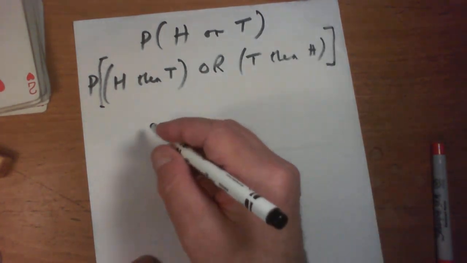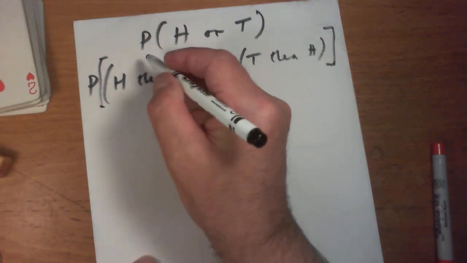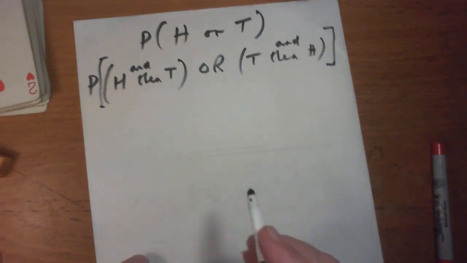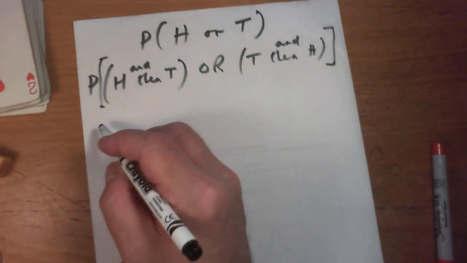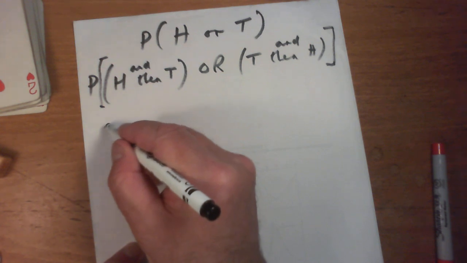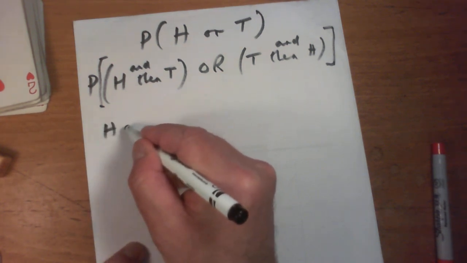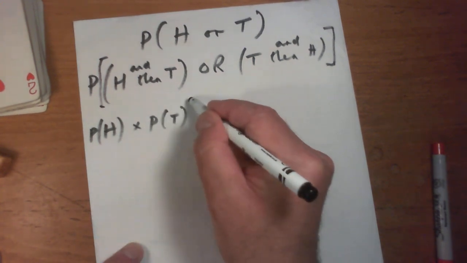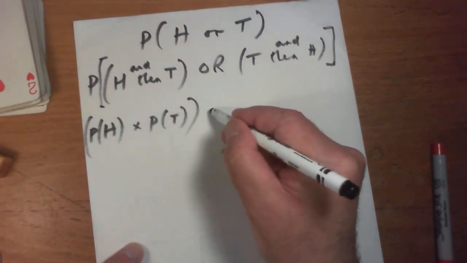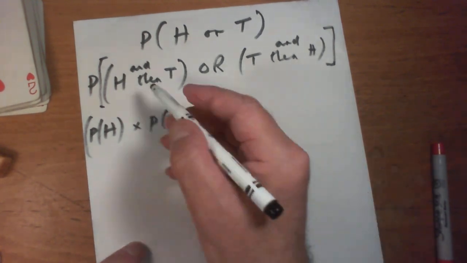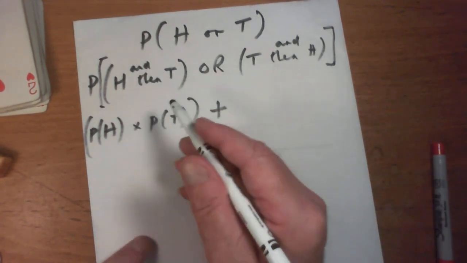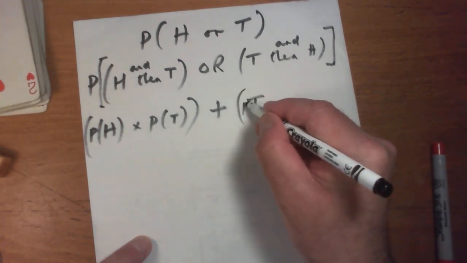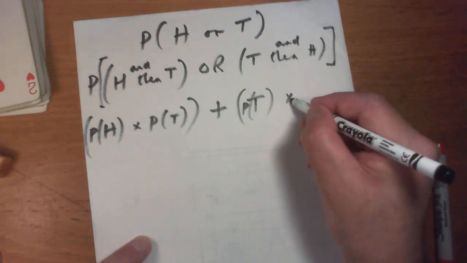So actually, I should really stick an and in there. You can see that can then be reduced to a head, probability of a head times probability of a tail, and, okay, or goes to plus, the and goes to the multiplication sign, as I've explained before, probability of a tail multiplied by the probability of a head.